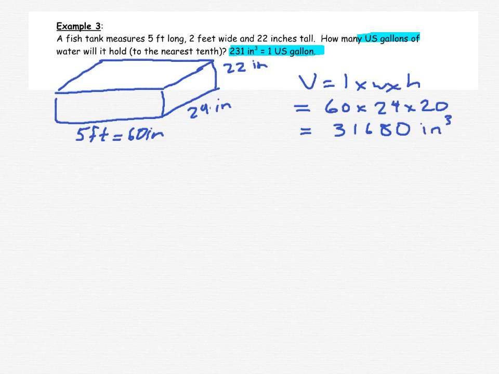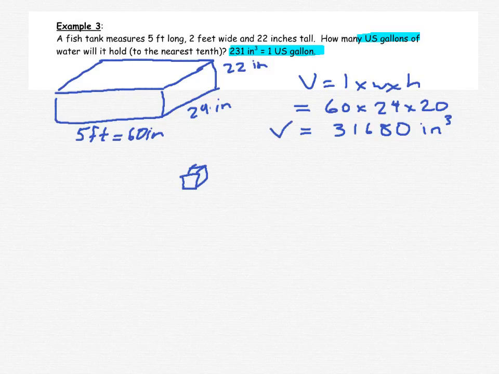That's a basic calculation of inches times inches times inches. So there's 31,680 little cubic inches of space inside that fish tank. Now, that's not what the question was asking you, though.